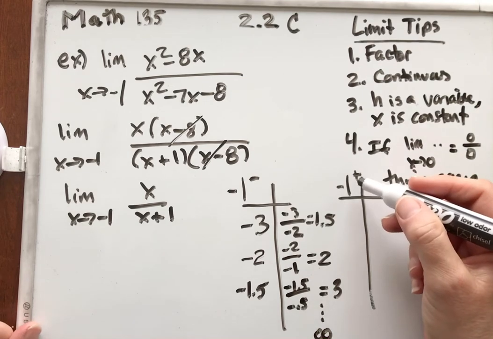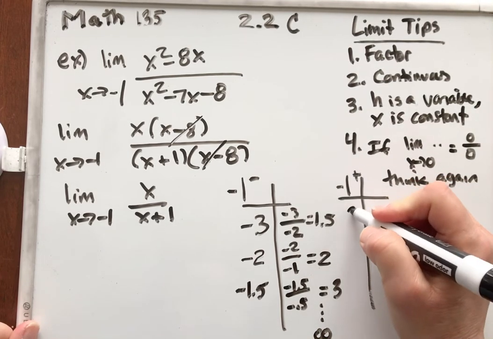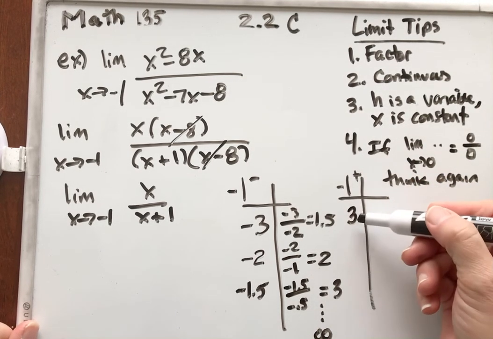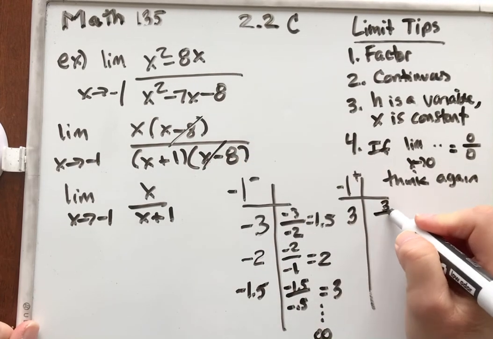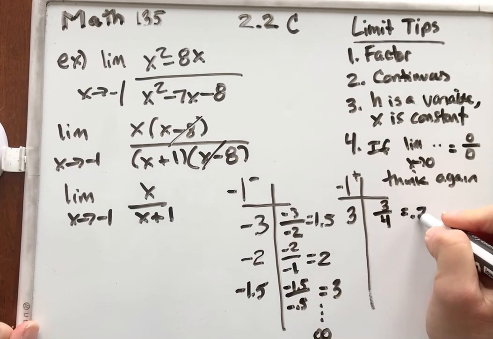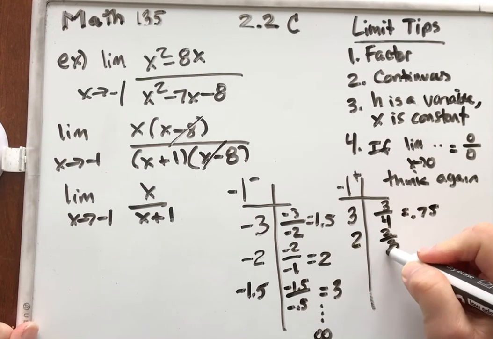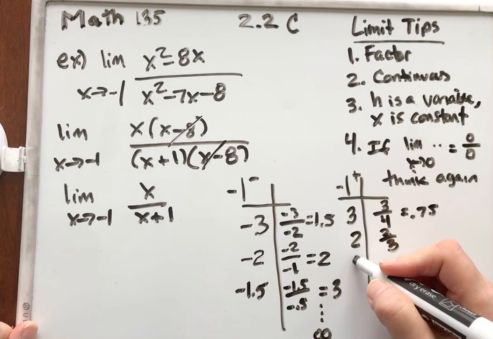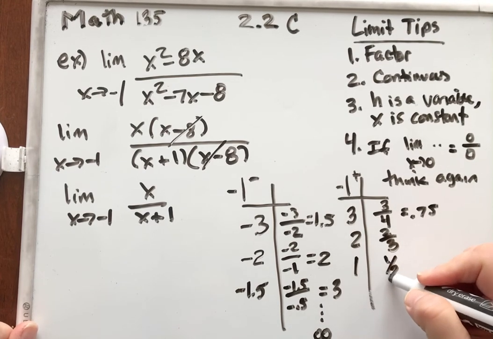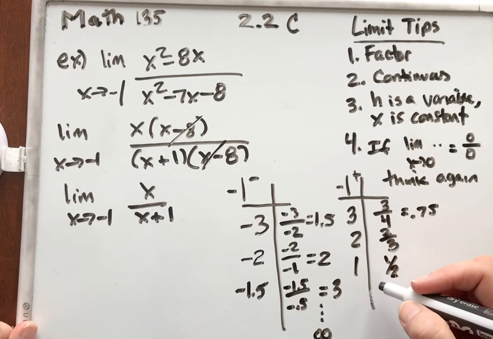Let's look at one from the right. Let's start with a +3. If we put a 3 in there, we're going to get a 3 over 4.75. If we put a 2 in there, we're going to get 2/3. Oh, look what's happening here. If we put a 1 in there, we get 1/2. So what's happening to it?